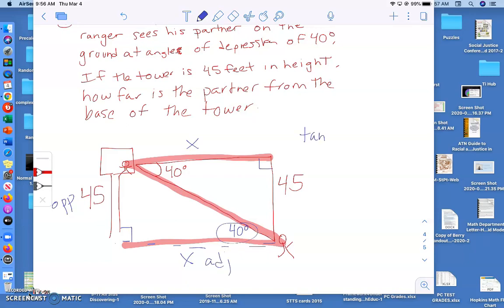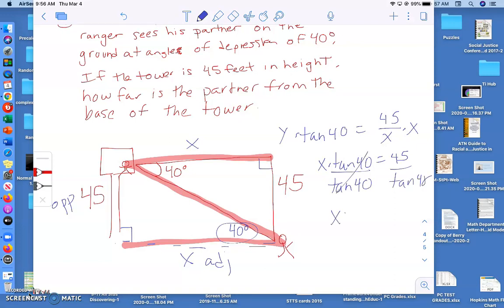So the tan of 40 equals opposite over adjacent. So we multiply by x. x times the tan of 40 equals 45. Divide by the tan of 40. So we have x equals 45 divided by the tan of 40.